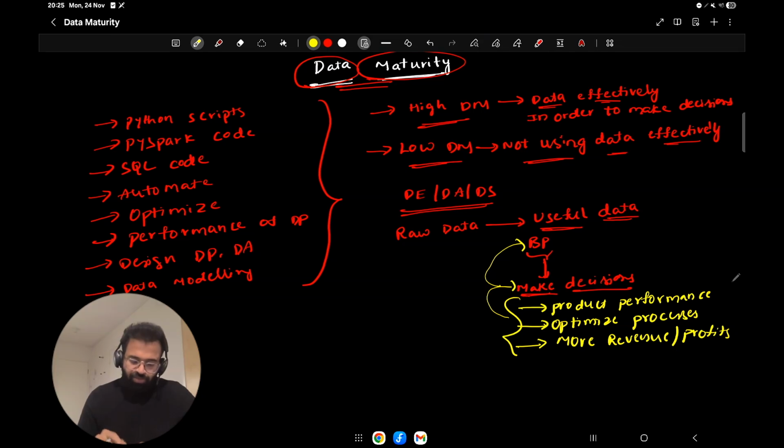Okay. And unfortunately, this is one of the most important concepts that is applicable to any kind of data role, but many people ignore it and many people won't talk about it.